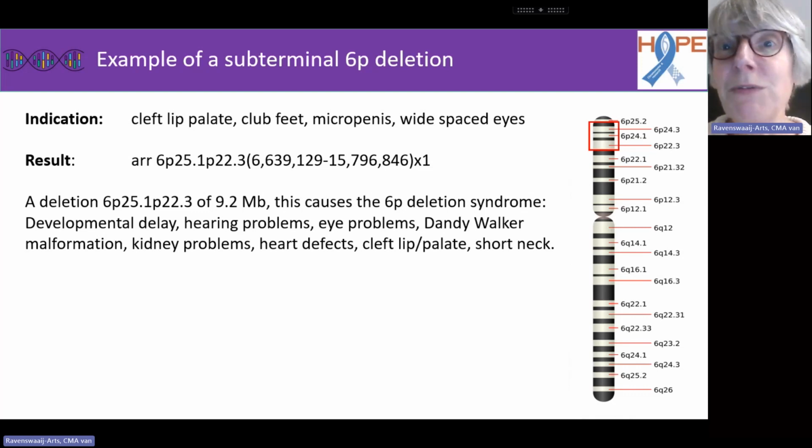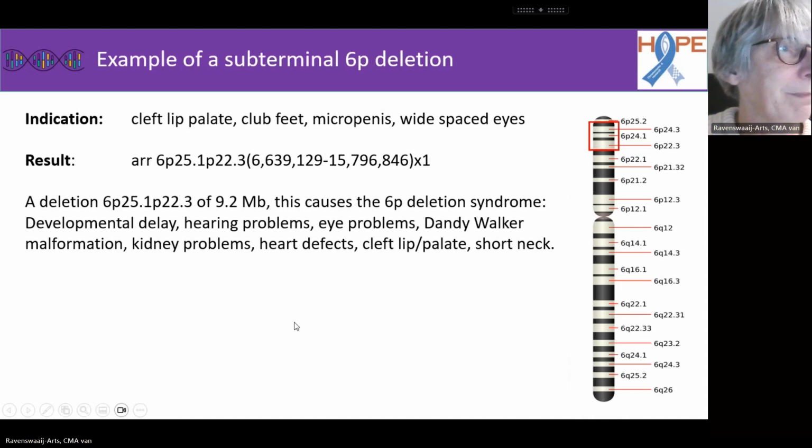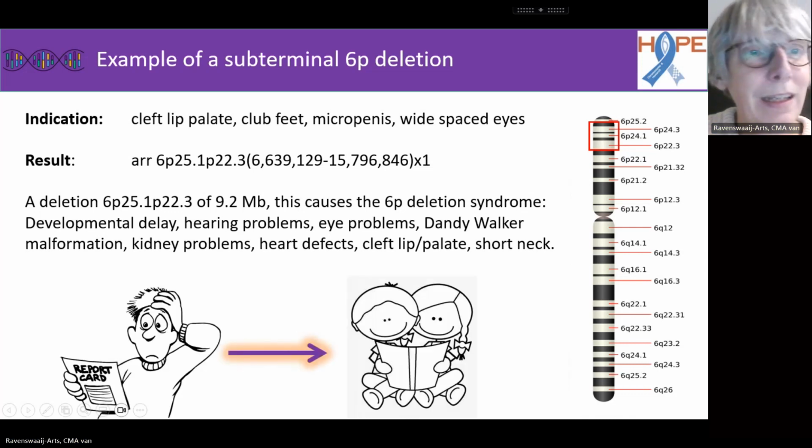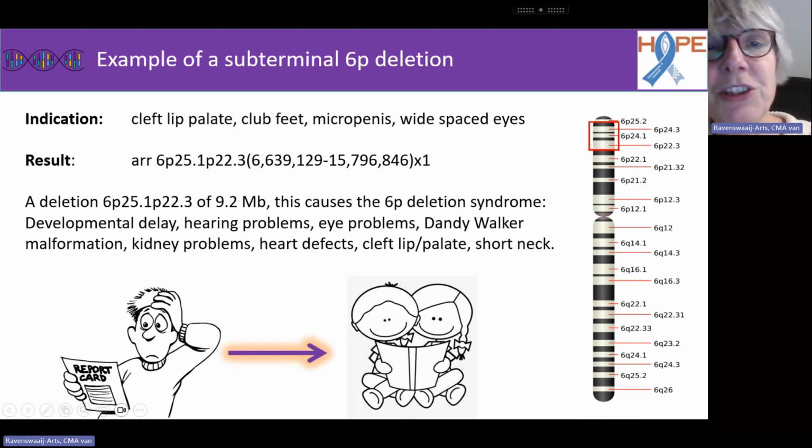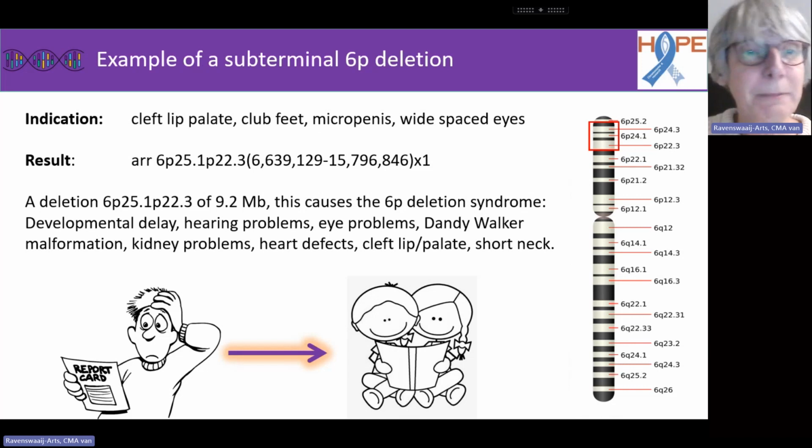So the cleft lip palate of this child is explained by her chromosome aberration. Now, I hope that with this information, you are able to decipher the array result of your own child. If you still have questions, just discuss this with your doctor and be aware that also for many medical specialists, array reports can be complicated and the clinical geneticist is needed to understand it in full detail.